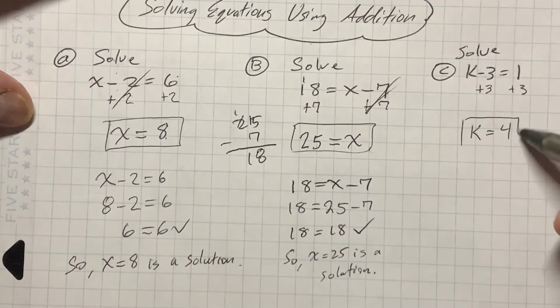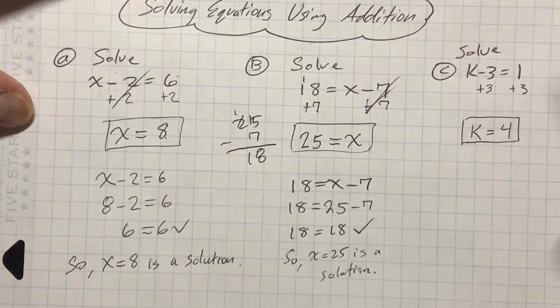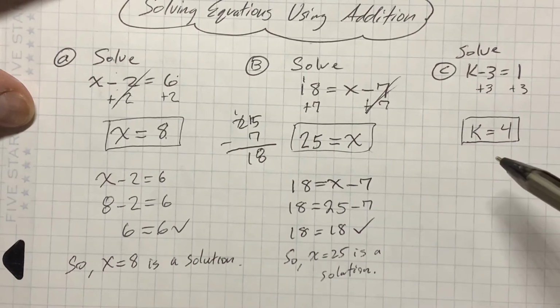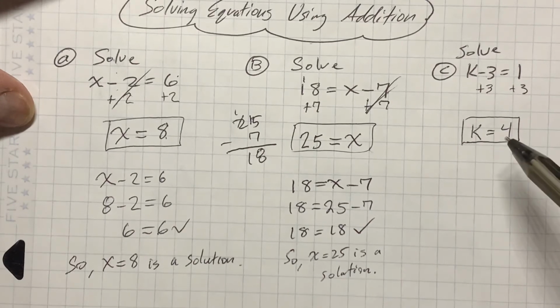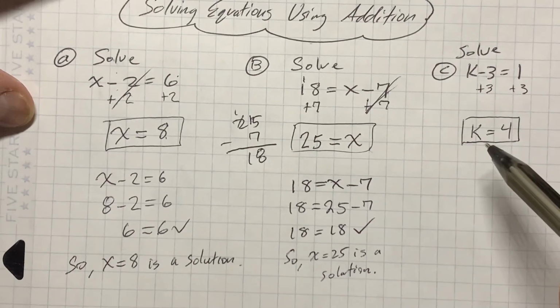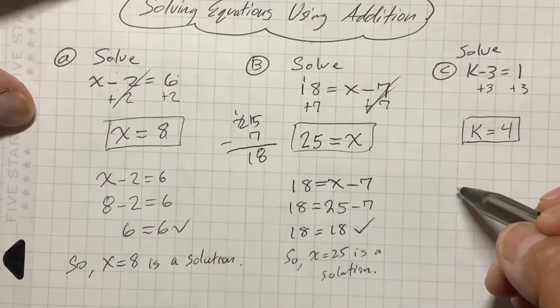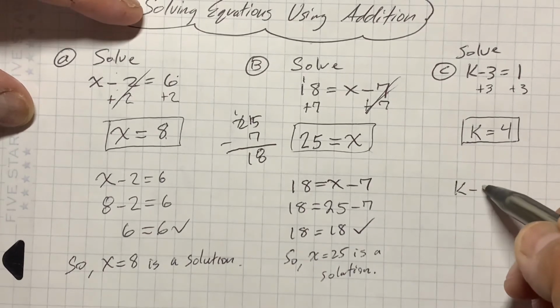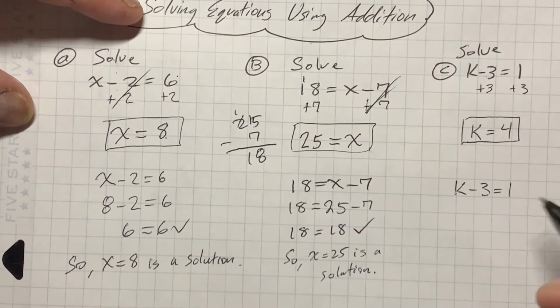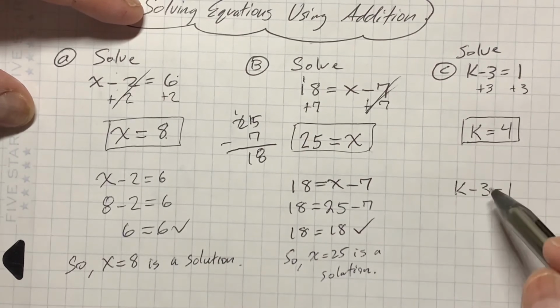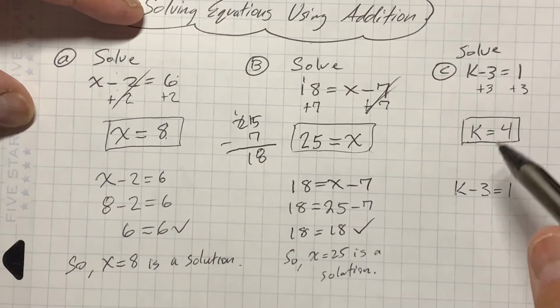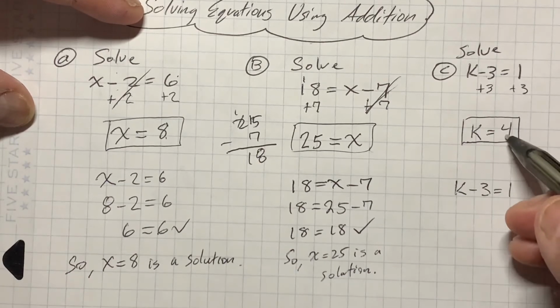So our conjecture is that k equals 4, and that's a solution. In math, a hypothesis is called a conjecture. To check this, we're going to rewrite the original equation, k minus 3 equals 1, and substitute 4 for k.